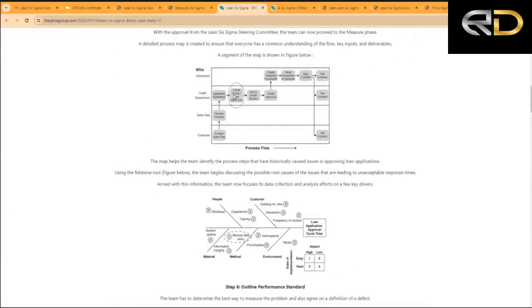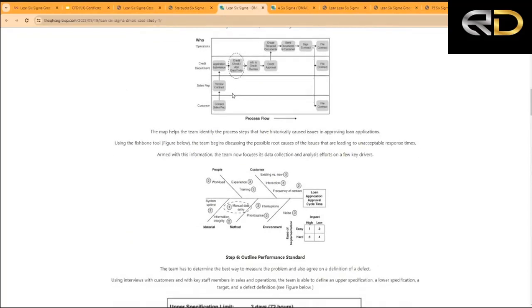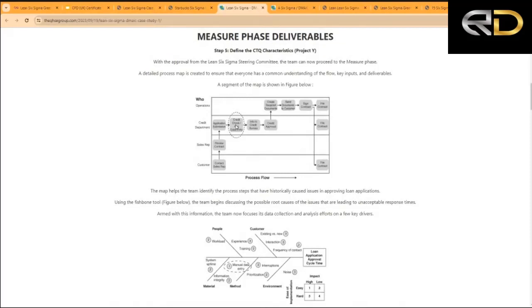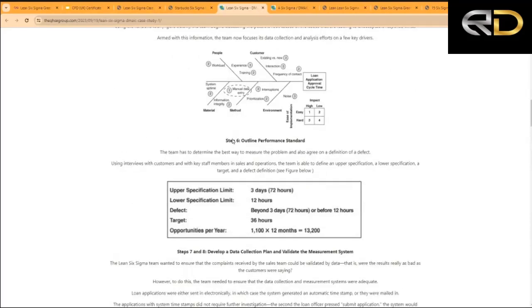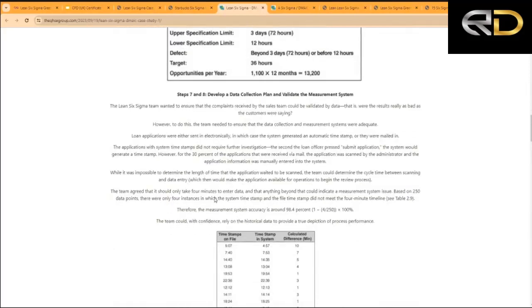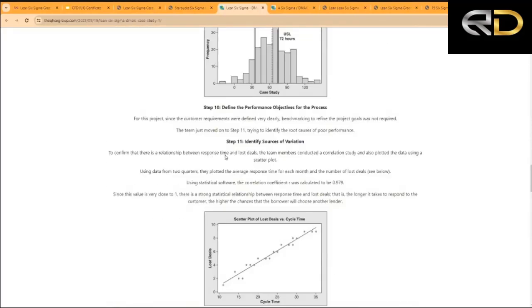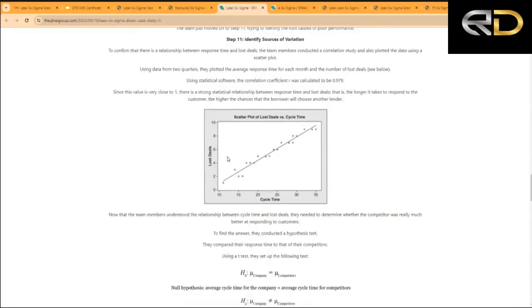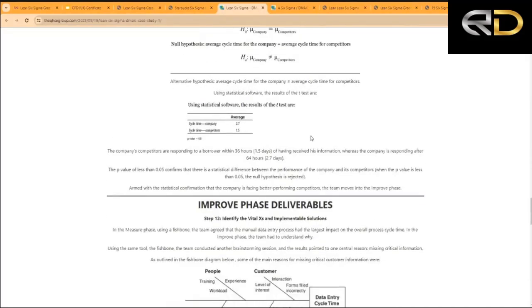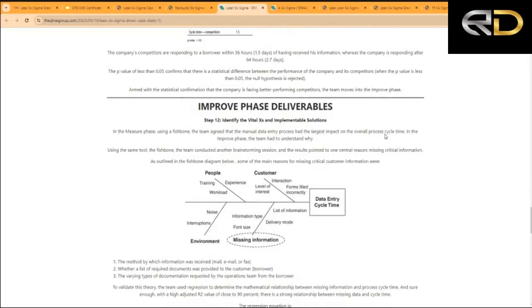This is the one that is impacting cycle time. Why do we need this one right here? This is actually affecting the time it takes to issue the credit card and loans, which is also the root cause that we identified here. The root cause here, the source of variation, is response time. So at this point, we need to understand why. Why is data entry cycle time basically responsible for overall process cycle time?